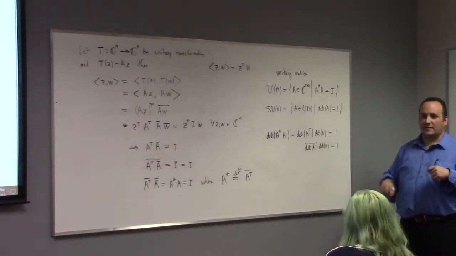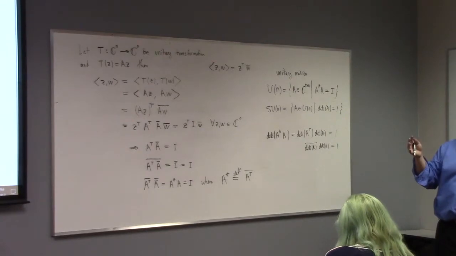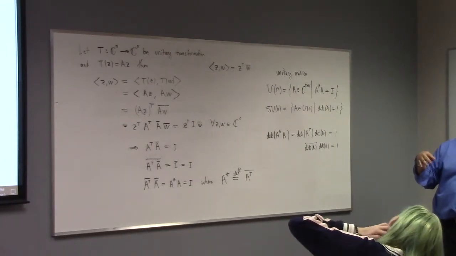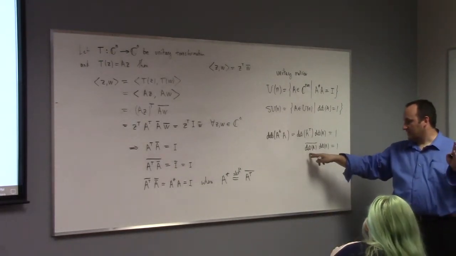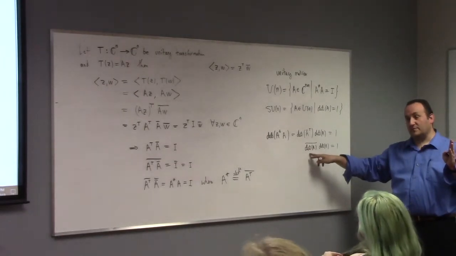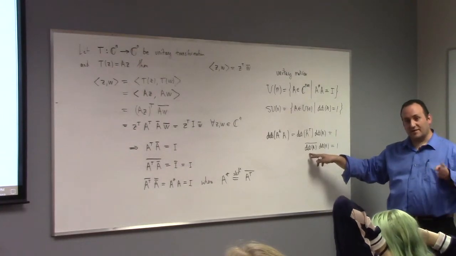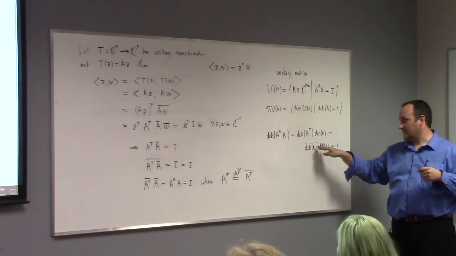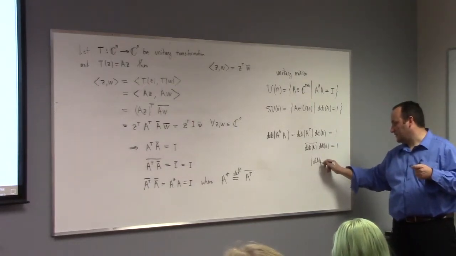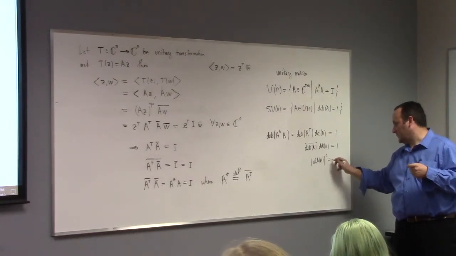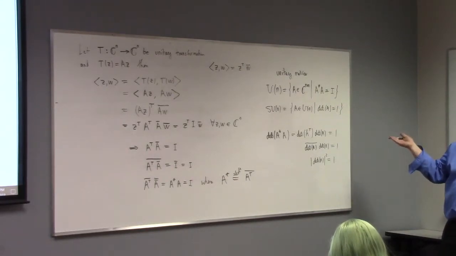This is a little bit sneaky, this step, but the formula for the determinant is built from a product of polynomials in the entries of A. And when you complex conjugate that, it's an identity that the complex conjugate of the determinant of A is the determinant of the complex conjugate of A. So you can pass the complex conjugate outside. The reason that's interesting is because then you have the modulus or absolute value of the determinant of A squared is equal to 1. That is to say that the length of the determinant of a unitary matrix is 1.